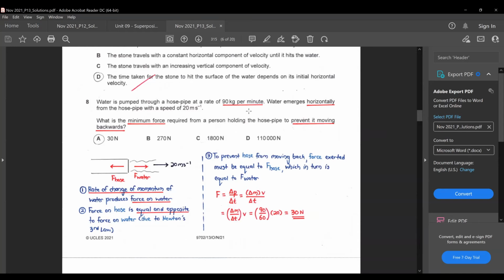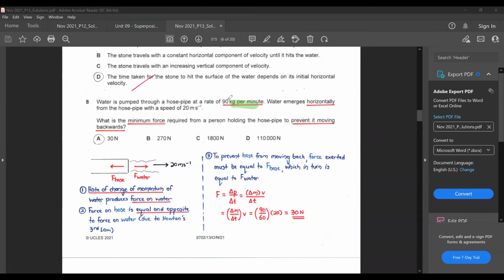So what is happening here is this. They tell you water is pumped through a hose pipe at the rate of 90 kg per minute, and it emerges horizontally from the hose pipe at a speed of 20 meters per second. The water emerging at 20 meters per second means that there is a force being exerted on the water.